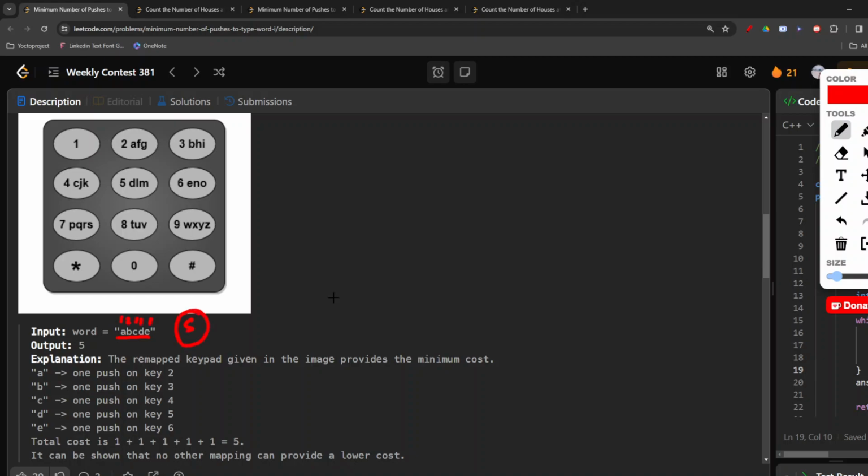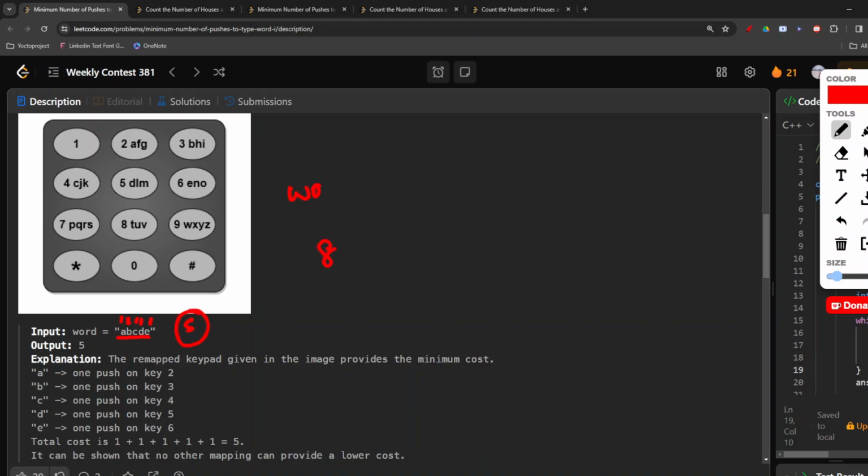So total 5 characters are there, right? If somehow we remap these characters in our keypad such that every character requires just one push, then surely our minimum answer would be 5, the number of characters itself, and there are total 8 keys, right?